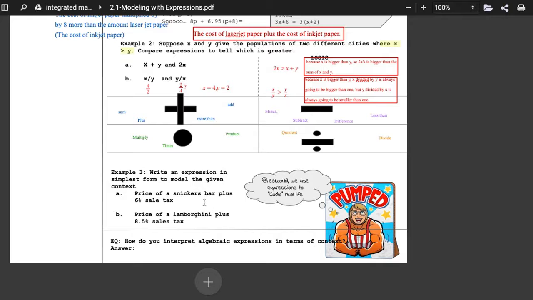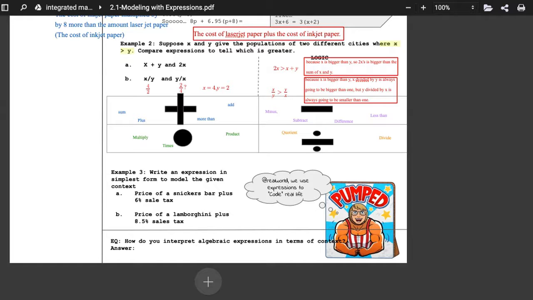So for this first problem, we're looking at the price of a Snickers bar plus 6% sales tax. We don't have sales tax here in Oregon, but in every other state, there's a sales tax. The sales tax is a percentage of the product that you're buying, in addition to the product.